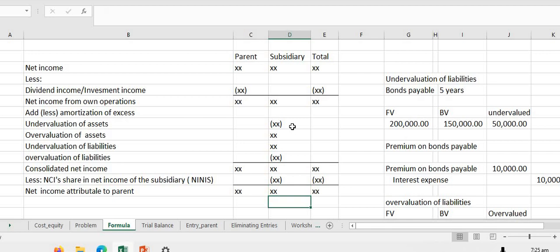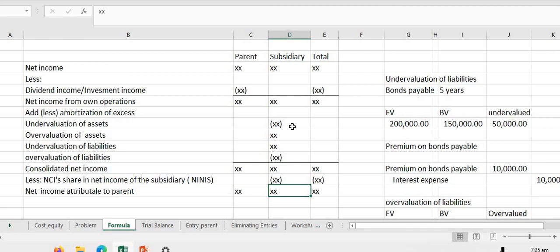To determine the net income of the subsidiary attributable to parent. Okay, so therefore, our consolidated net income attributable to parent is actually the parent's net income from own operations, or adjusted net income of the parent, plus the parent share in the adjusted net income of the subsidiary.